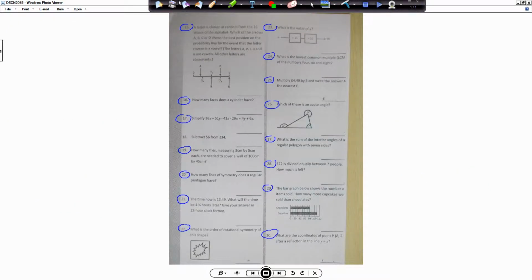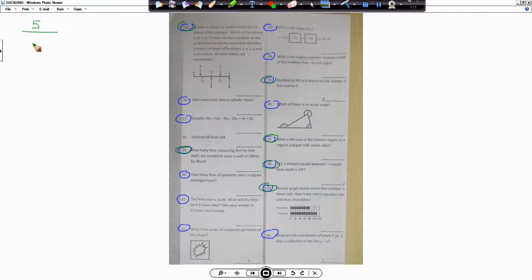Okay, here we go. Number 15, we've got to work out the other way. Question number 15 wants us to work out the probability of landing on a vowel in terms of the letters from A to Z. So how many letters do we have which are vowels? We have 1, 2, 3, 4, 5 letters which are vowels in the alphabet.